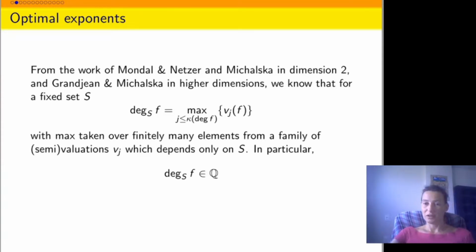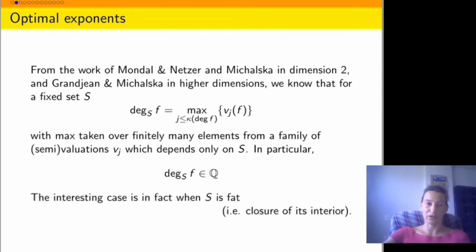So in particular, we get that the relative degree, although it was optimal among any real exponent, similarly as in the case of the Wojaziewicz exponent, which is given by the inequality reversed, is a rational number. In fact, what we can show is that the relative degree of f on a set S belongs to a discrete subgroup of the rational numbers because of special characteristics of the family of semi-valuations attached to f.